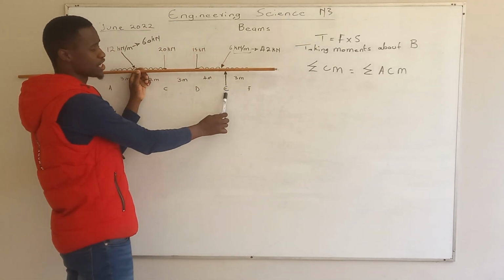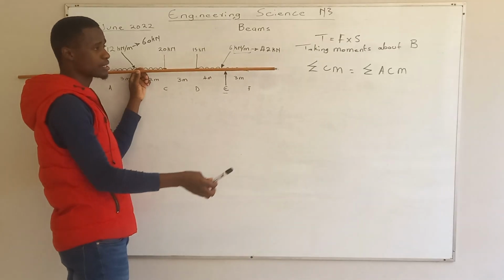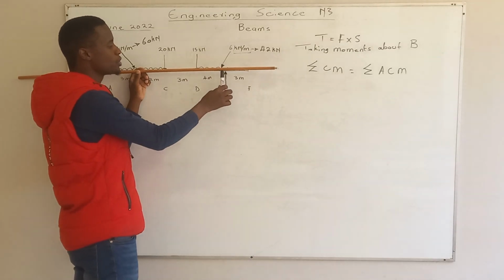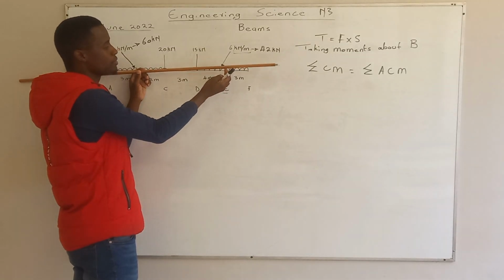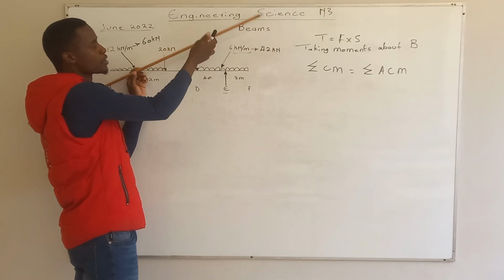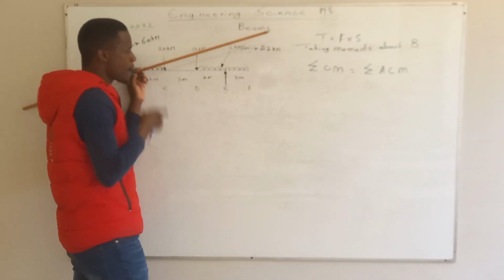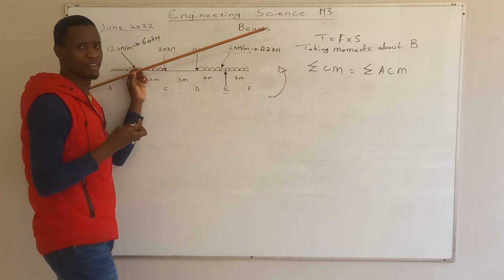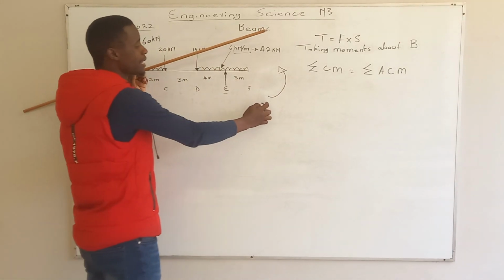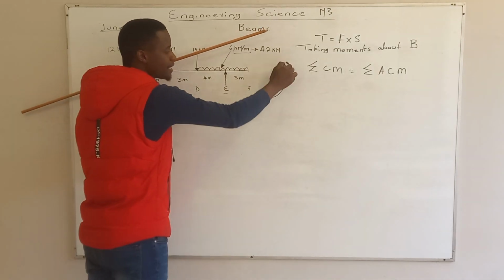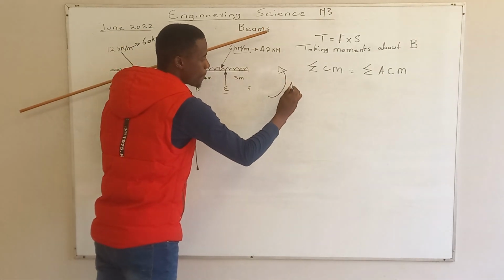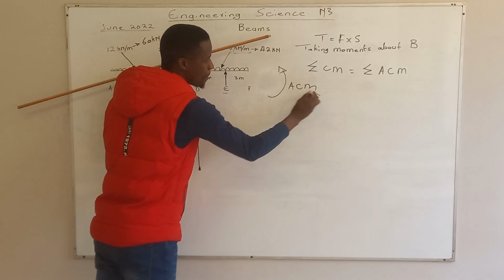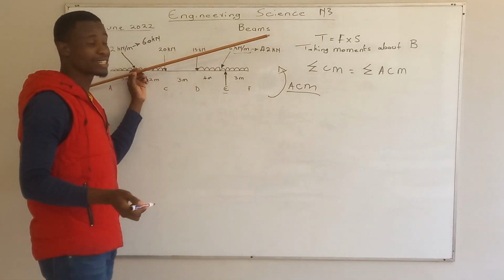Now, let's check E. Our E is our reactance. So, if I'm pushing this beam upwards, it means this thing will go this way. So, if it's going that way, it means we'll be having the movement that is going in this direction. And this direction, it's our anti-clockwise.